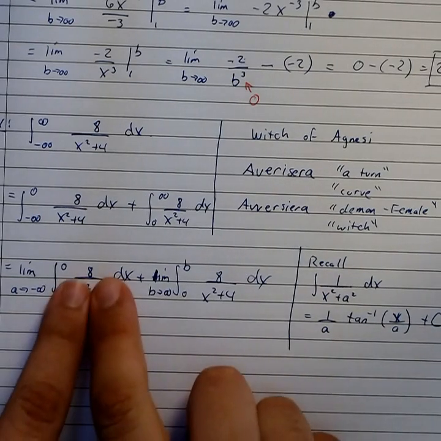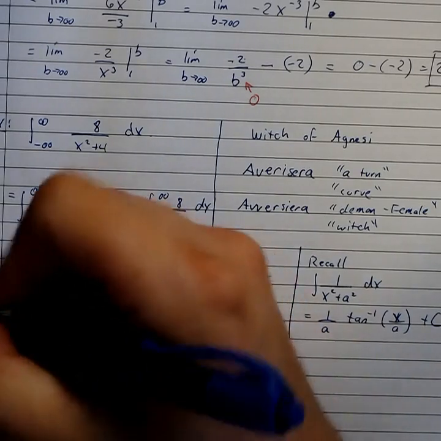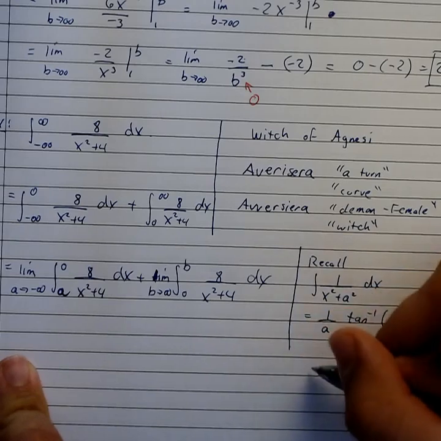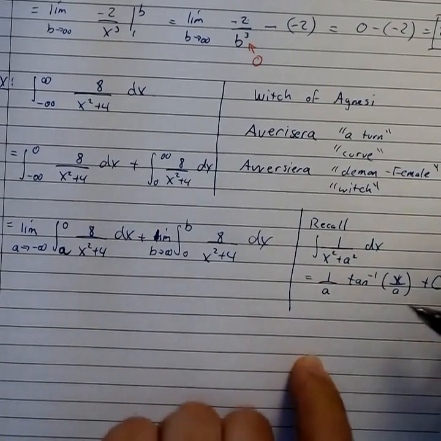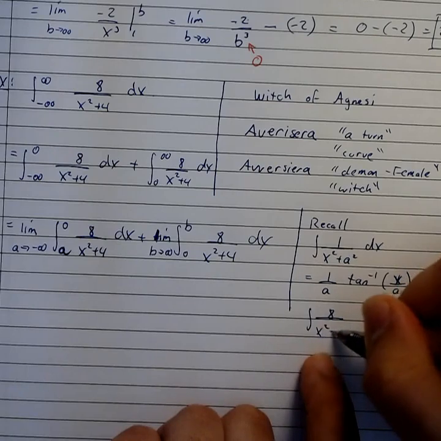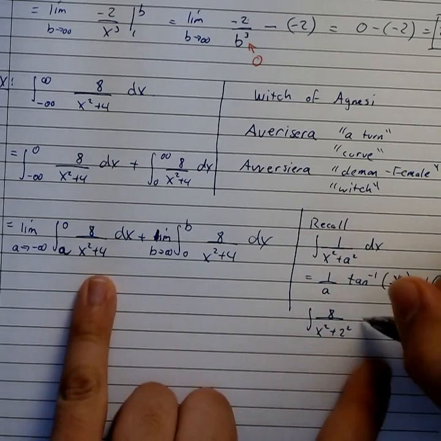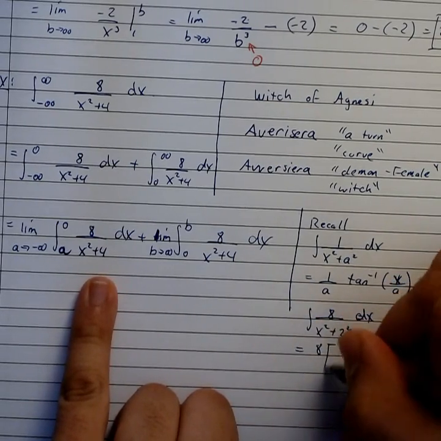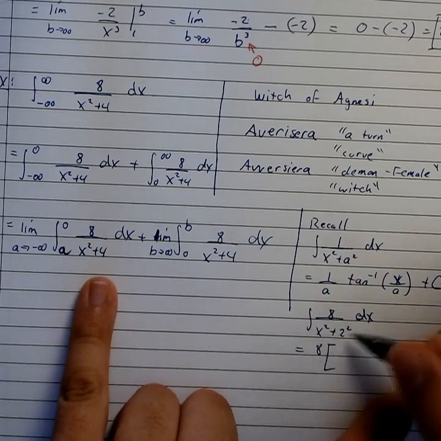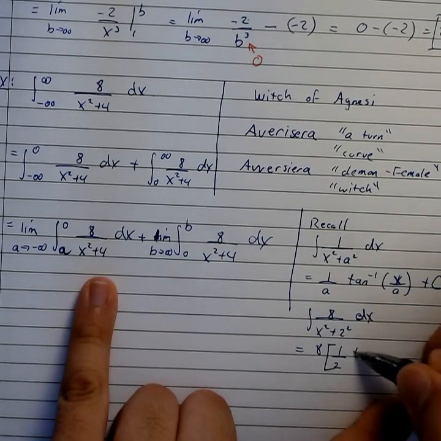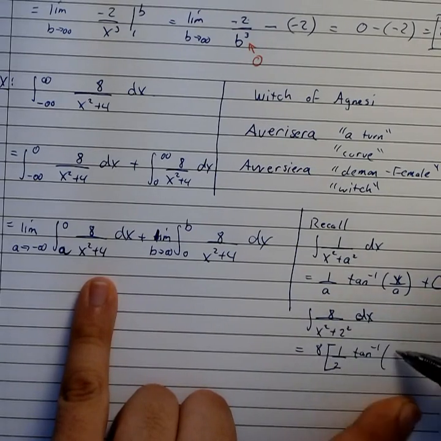Here, this 8 is a constant. It won't bother us. So we can write, let's not get to the limit just yet, that the integral of 8 over x squared plus 4, which is really 2 squared, dx, is going to equal 8 times, the 8's a constant so just factor that out, 1 over 2 times the arctangent of x over 2, plus a constant.